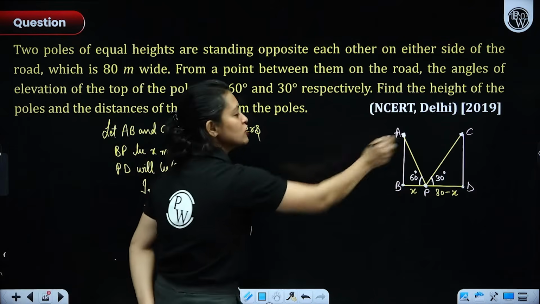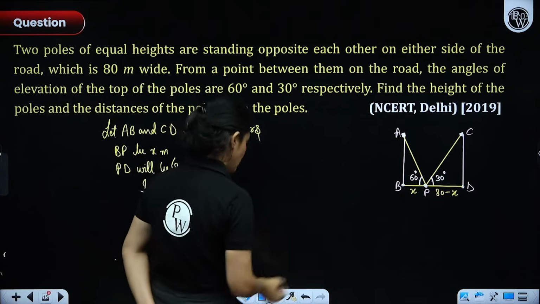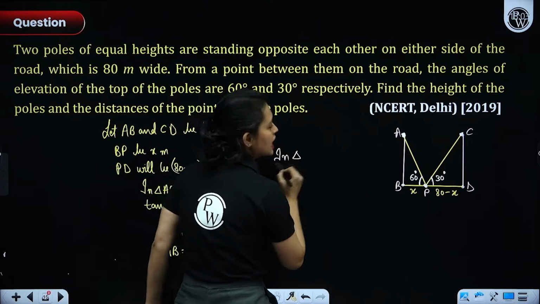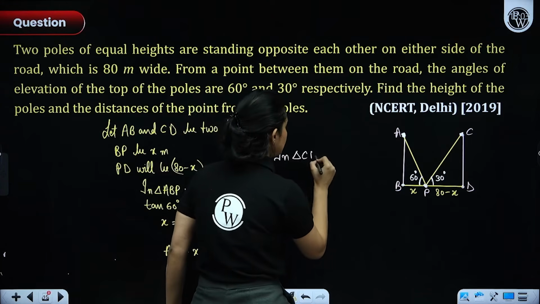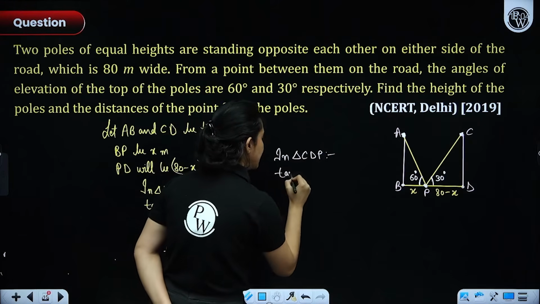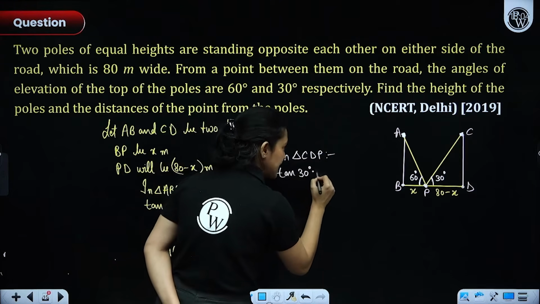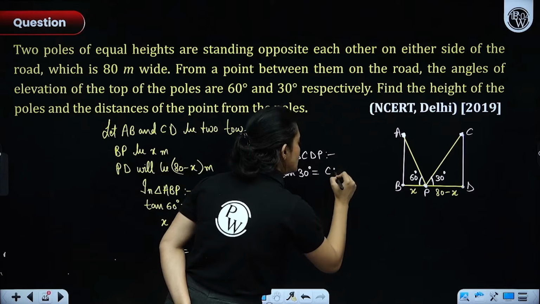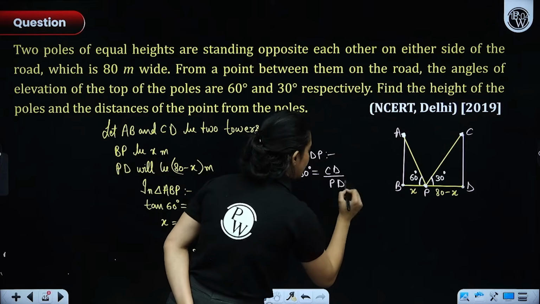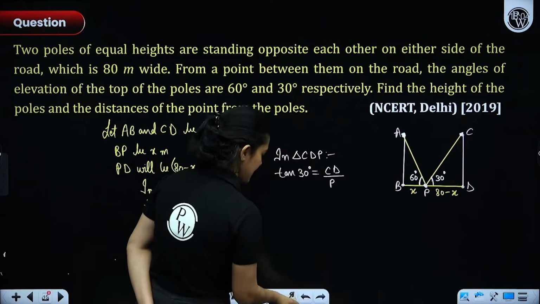Now let's focus on figuring out the value of CD. For that you are going to take another right angle triangle, triangle CDP. Again you will take tan of 30 degrees this time, which is equal to opposite over adjacent. I can write PD as 80 minus X here.